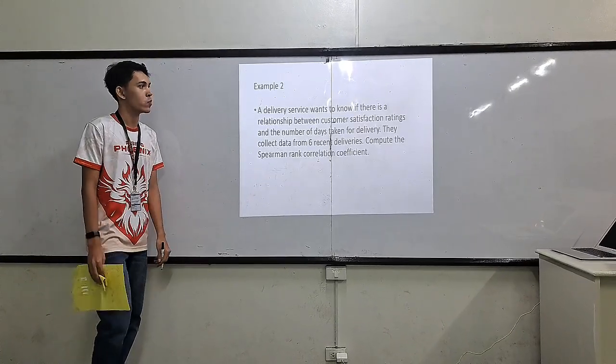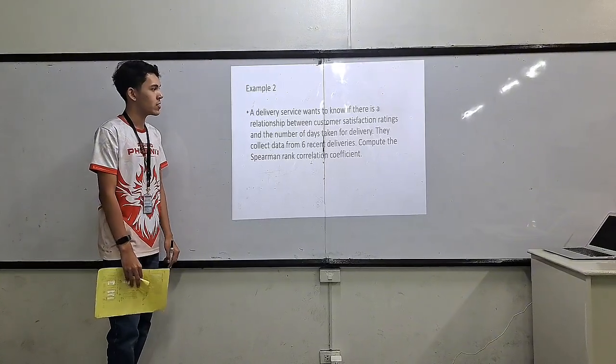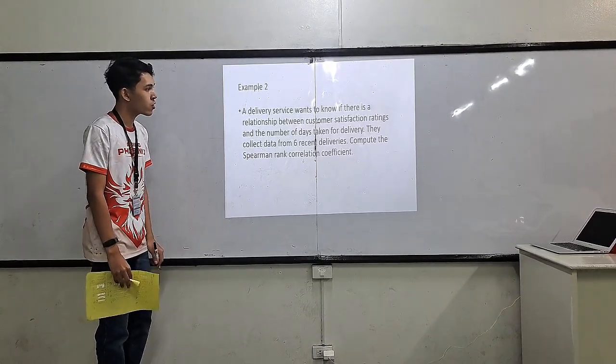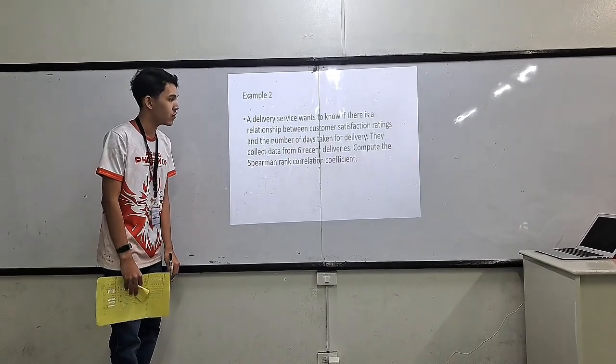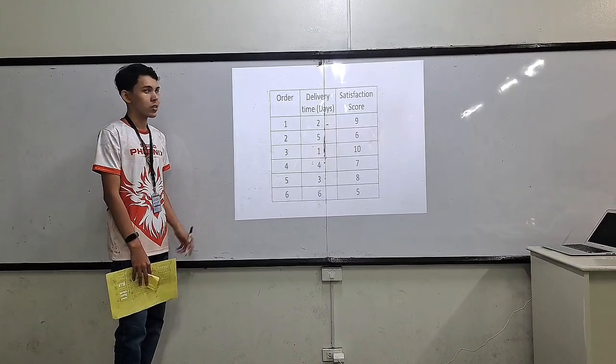Next, we'll move to another example. A delivery service wants to know if there is a relationship between customer satisfaction ratings and the number of days taken for delivery. They collect data from 6 recent deliveries. Compute the Spearman rank correlation coefficient. Now here are the values.